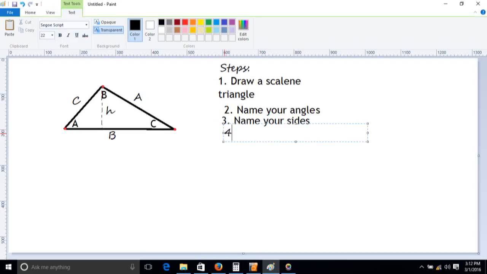So the main step is draw a height line, call it H or X, as you like.